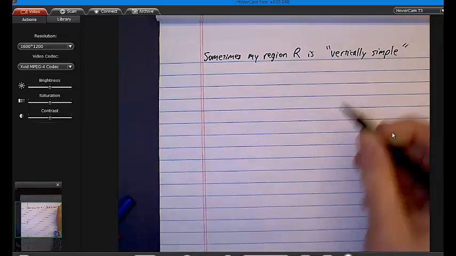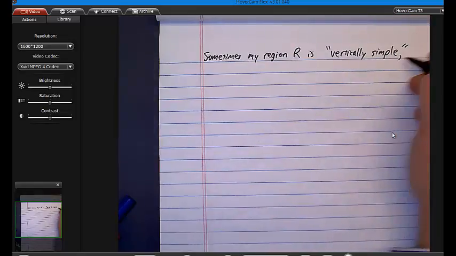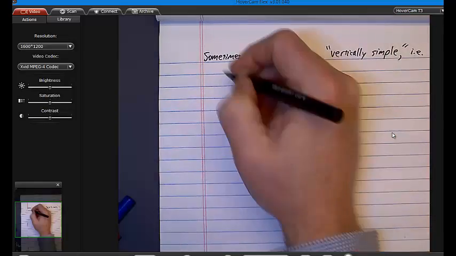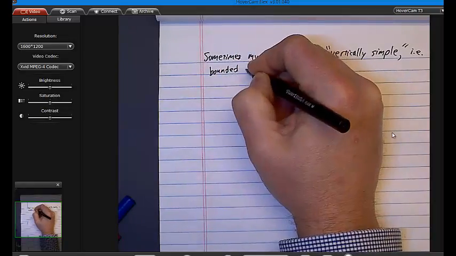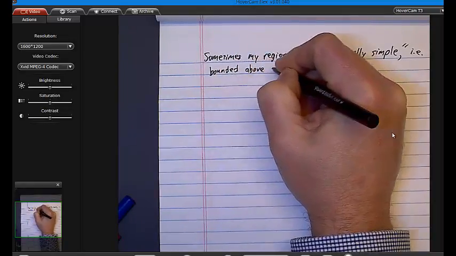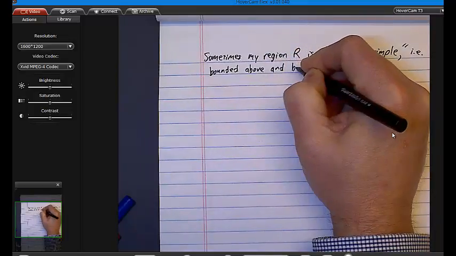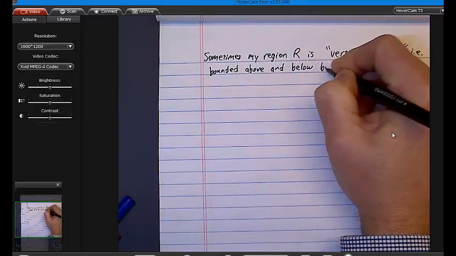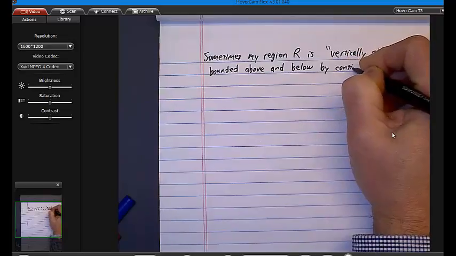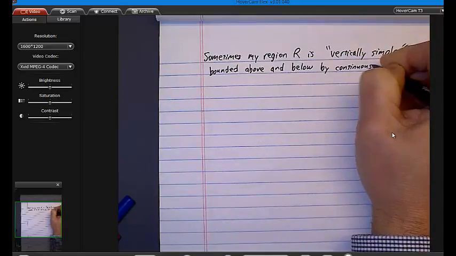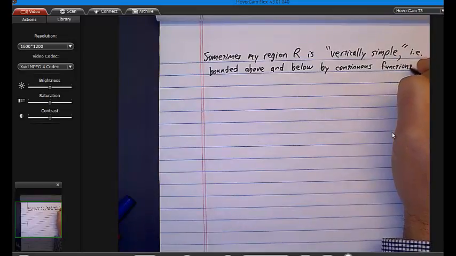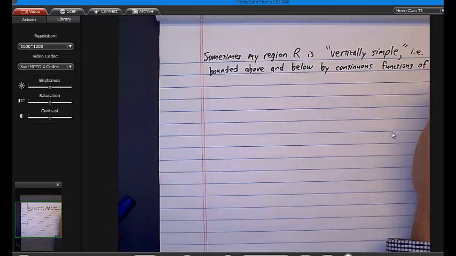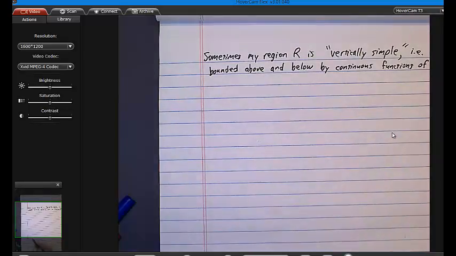What do I mean by that? I mean, i.e., bounded above and below by continuous functions of x. And that was the picture we just showed you here, right?